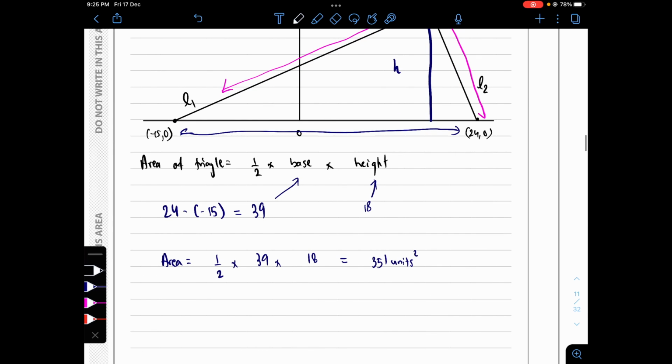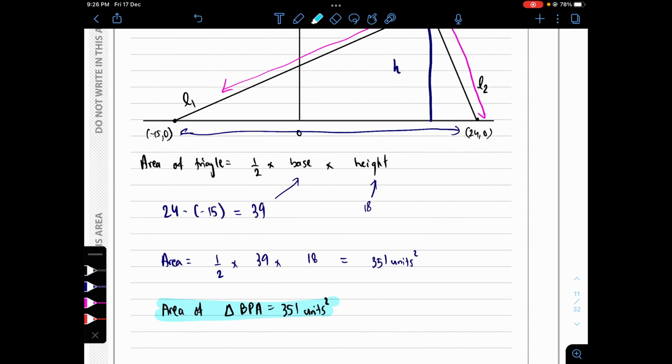So our final answer will be area of triangle BPA is 351 units squared. So over here, this is our units squared.